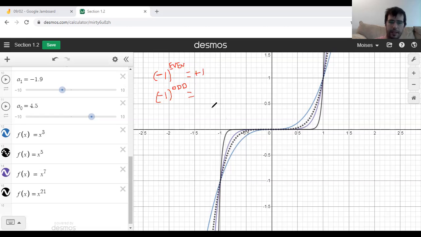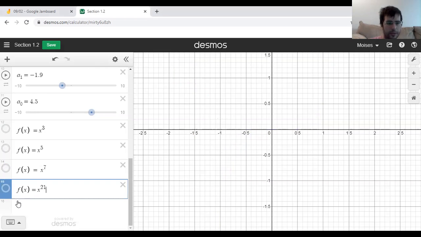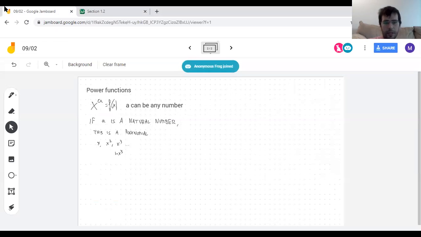But if you take a negative number to an odd power, you get -1, which is showing here. So that's what whole power functions look like. We could put more exponents in there. An exponent is the number that goes to the top of a power, remember.